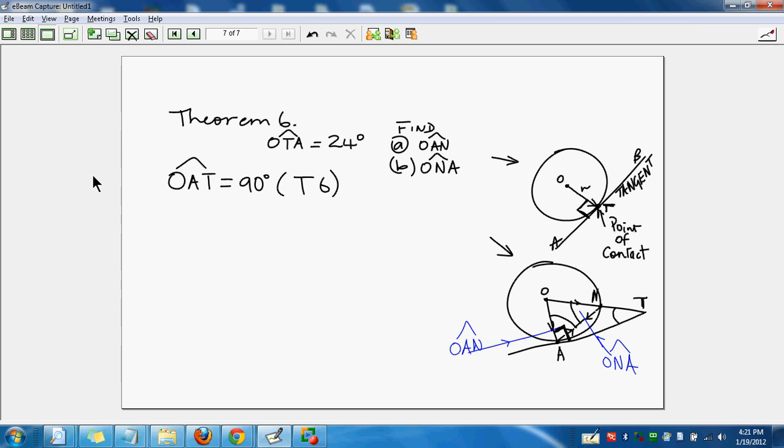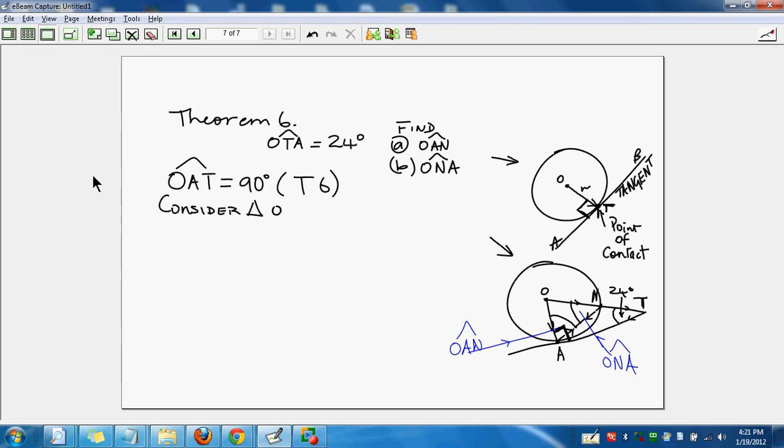Because the given, in the question, it said given that OTA was 24 degrees, which was O to T to A, it means that the angle here is 24 degrees. So we didn't put that in, you could put it in now. So that angle there is 24 degrees. And if we consider the triangle now, let us consider triangle OAT.